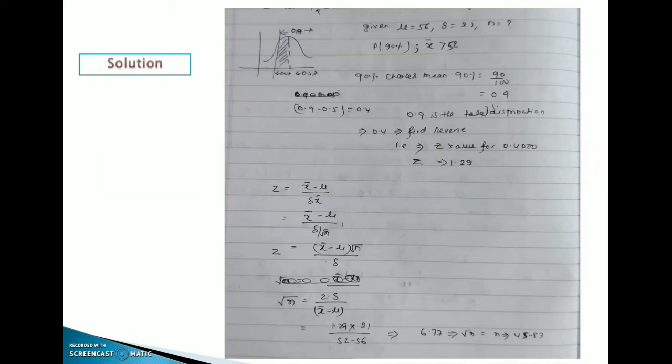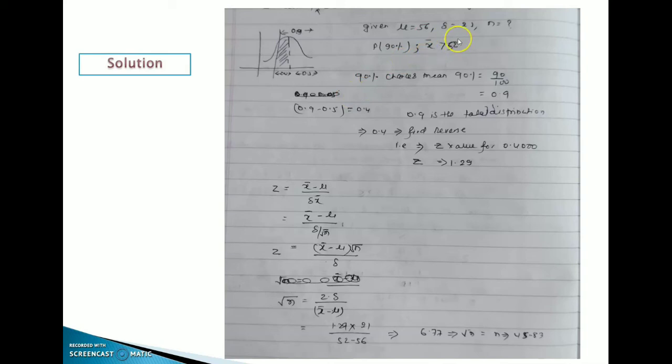Here x bar is given as 52. So we have been given mu equal to 56, sigma is 21, probability is 90%, and x bar is 52. 90% chance means 0.9.